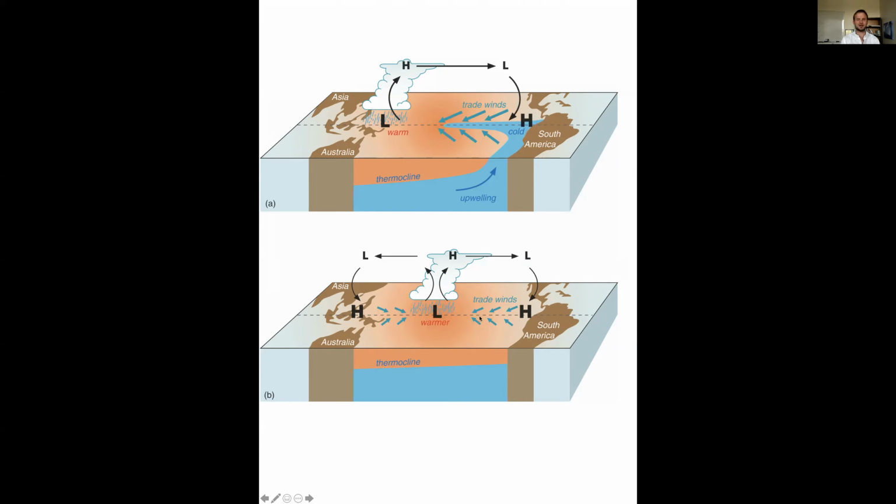And in La Nina situations, which is kind of the reversal, we have an opposite situation where the high pressure system is actually above Indonesia in this case, and the low pressure system is moved east.